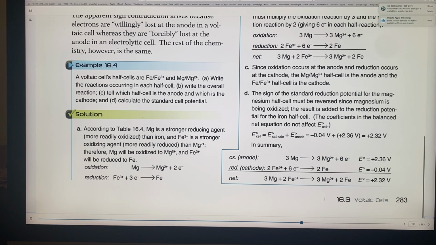Therefore, magnesium will be oxidized and iron will be reduced. So we have two metals, and one is more negative than the other, or less positive. If it's less positive, it's more negative. Magnesium is going to be more negative because it's less positive.